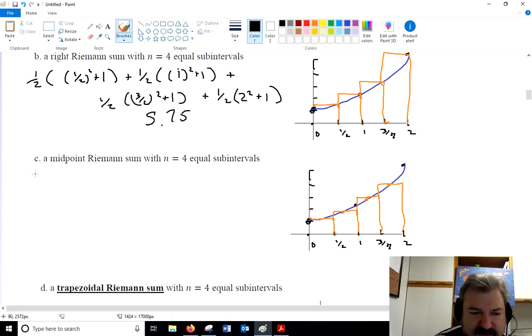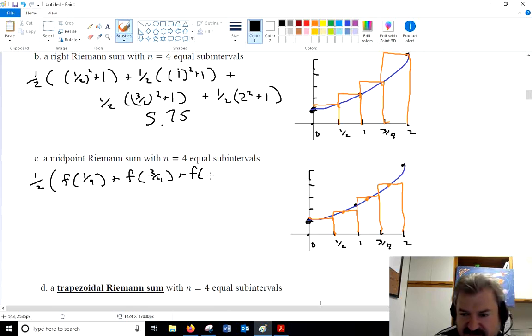And you can see how much better that's going to be an approximation, I think. So once again, I'll factor out the 1/2. It'll be 1/2 times f of halfway between 0 and 1/2 is 1/4, plus f of 3/4, plus f of 1 and 1/4. So that's 5/4, plus f of 7/4.